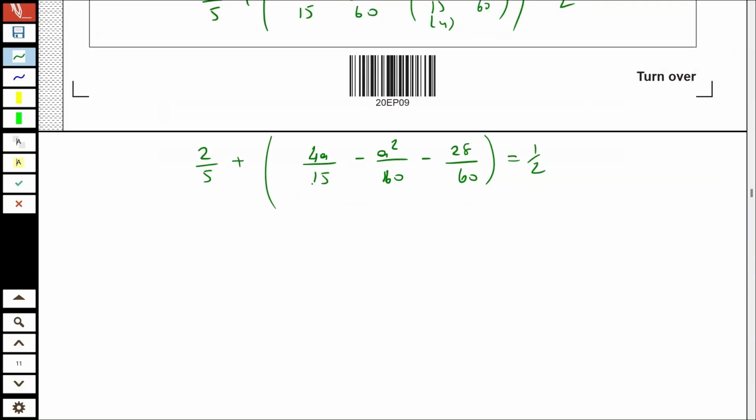And from here you can multiply by 60 everywhere actually. It's gonna be 24 plus 60 times a minus a squared minus 28 equals 30. From here you can write a squared minus 16 times a plus 34 equal 0.